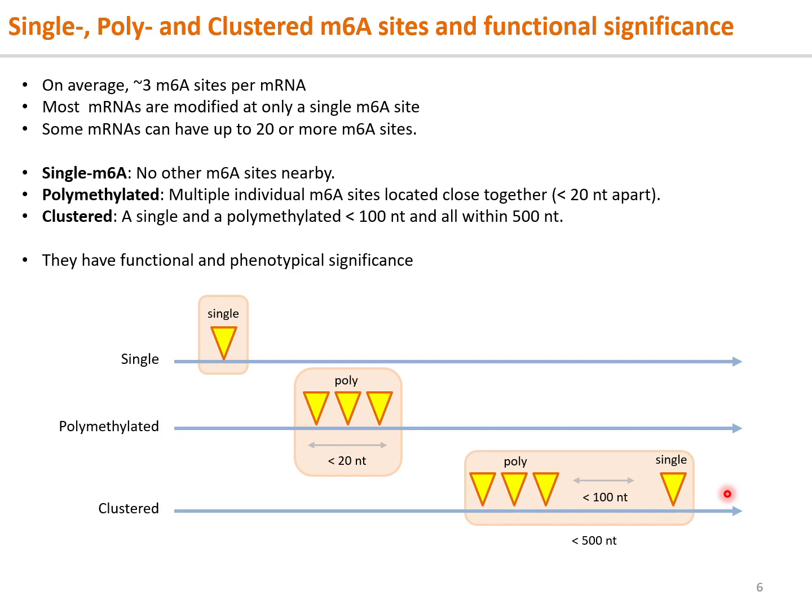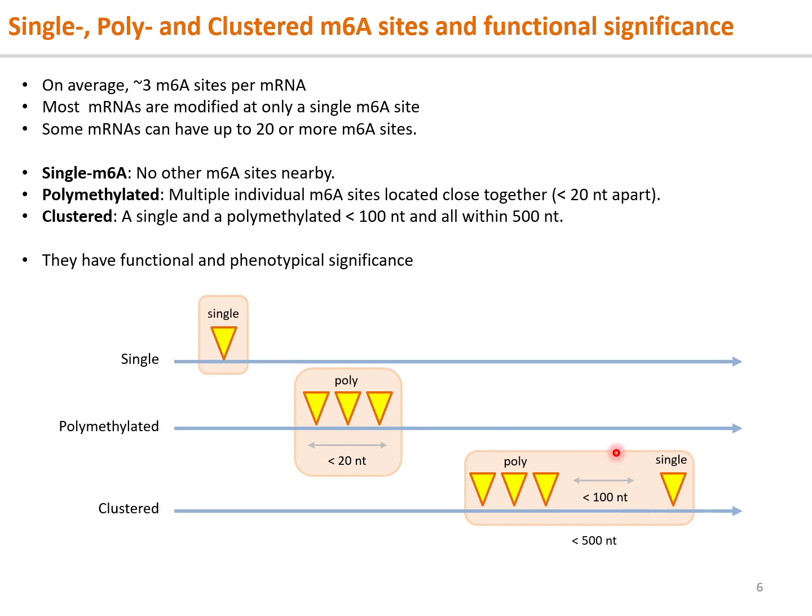If we look at m6A sites more closely, on average, there are about 3 m6A sites per mRNA. Most mRNAs are modified at only one single m6A site, whereas some mRNAs can have up to 20 or more m6A sites. Based on m6A site configurations along the mRNA, m6A sites can be classified into single, poly, and clustered m6A sites.